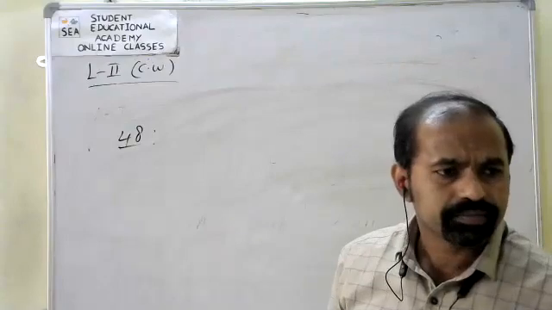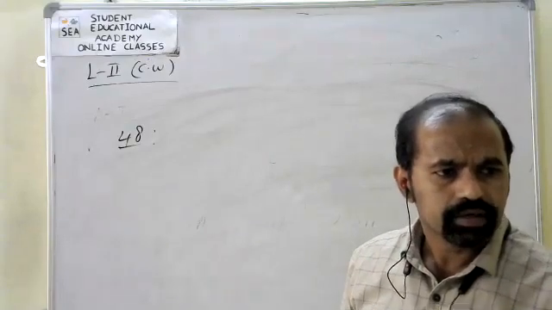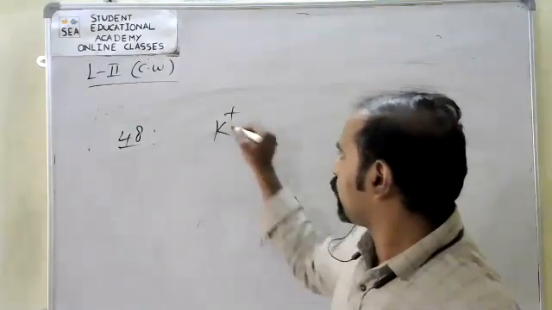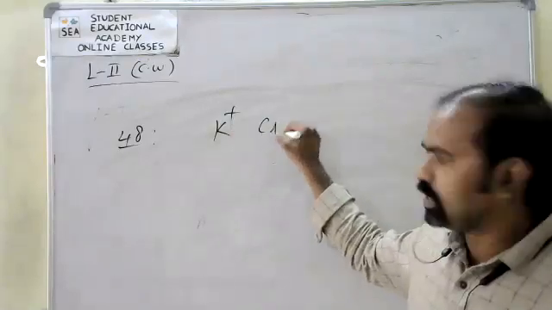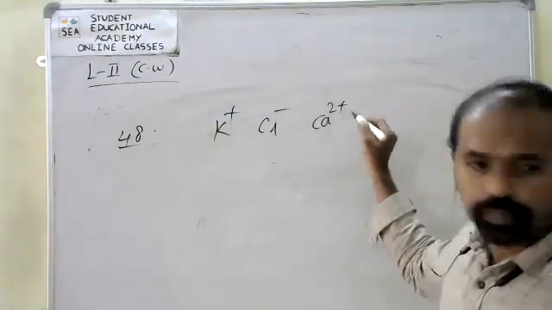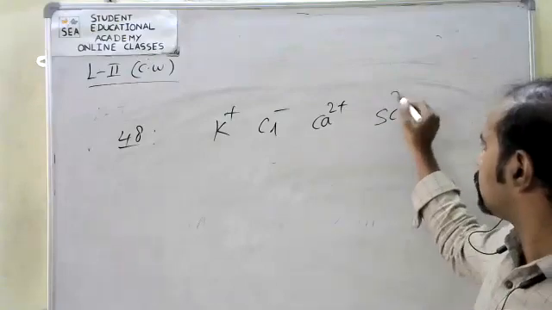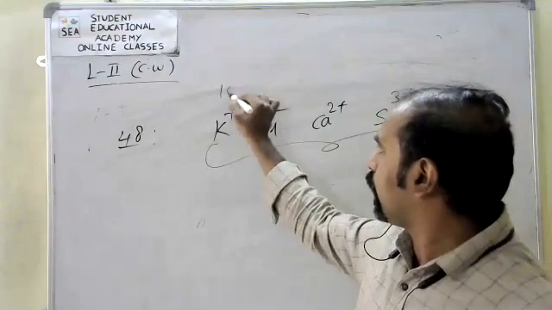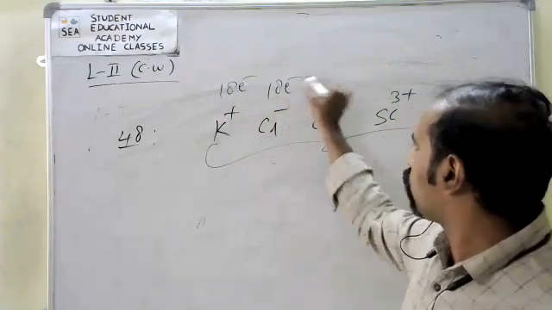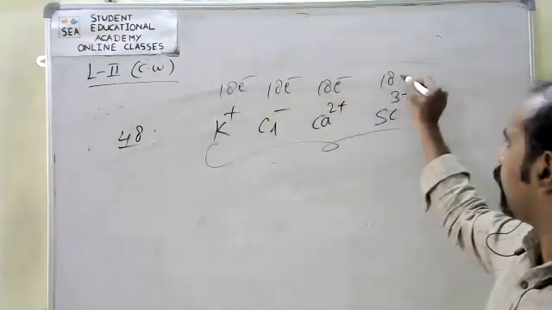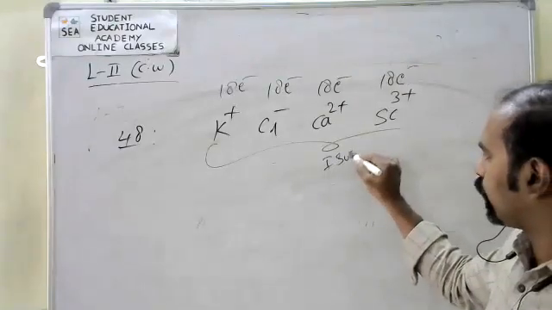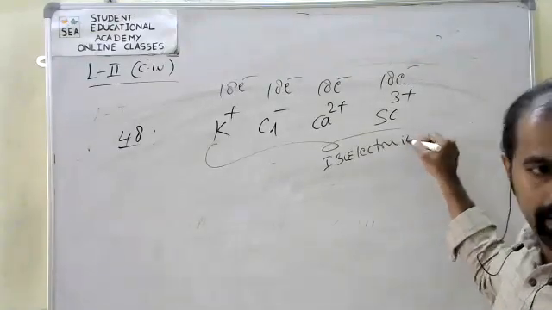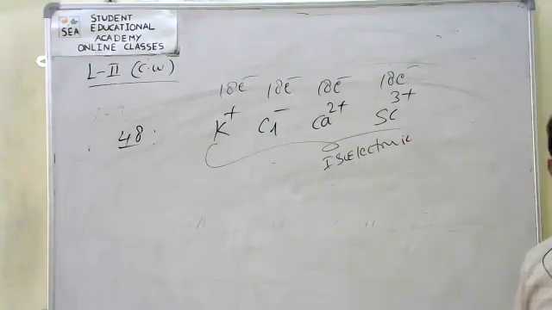It is isoelectronic. 18 electrons each. Isoelectronic, same number of electrons.